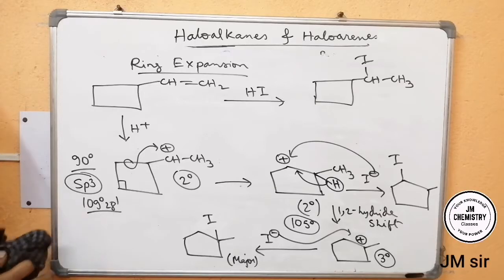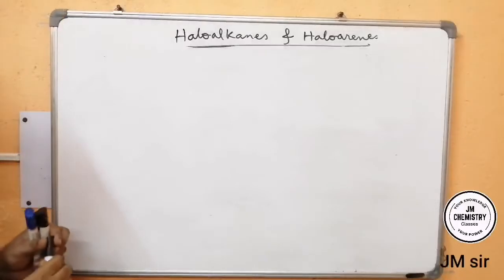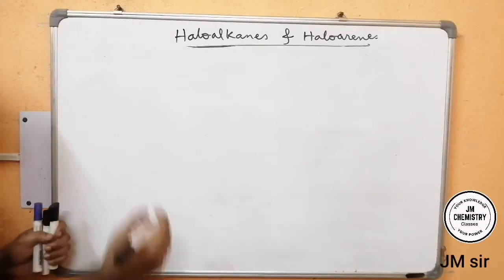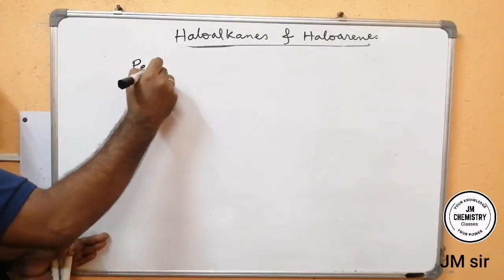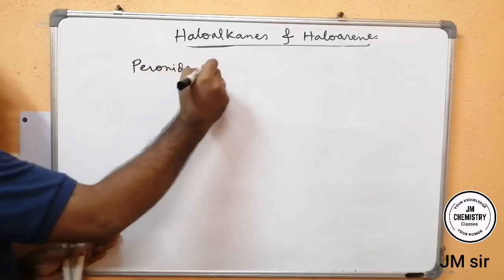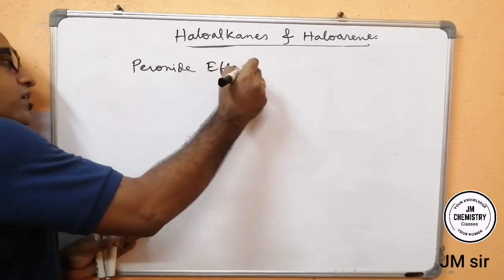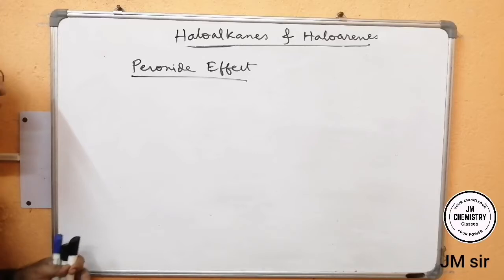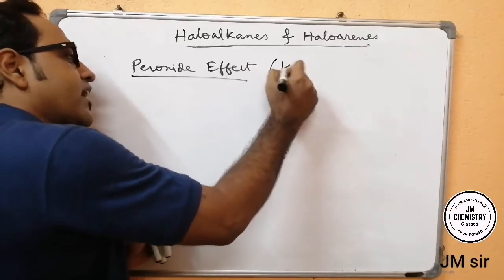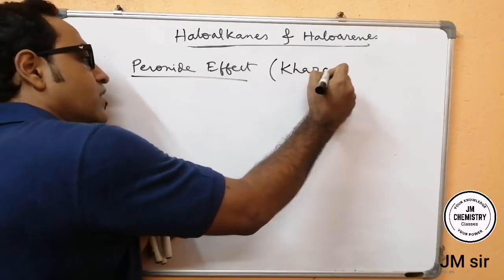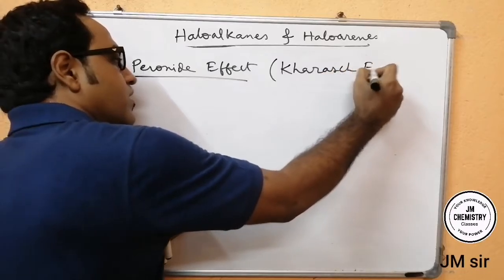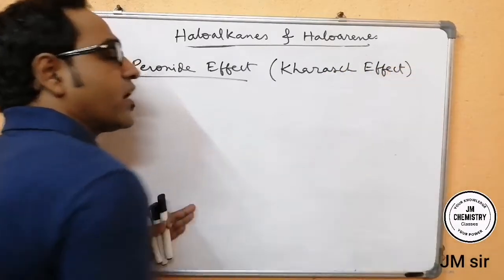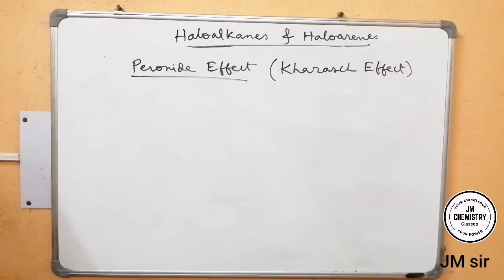Okay, let's move to the next part, that is peroxide effect. Now what is peroxide effect, often called Kharash effect, or the anti-Markovnikov rule.